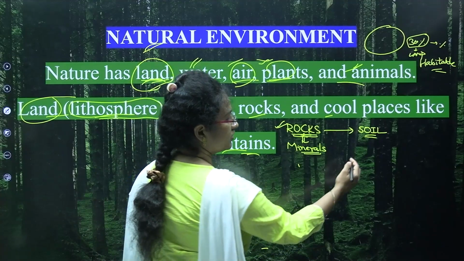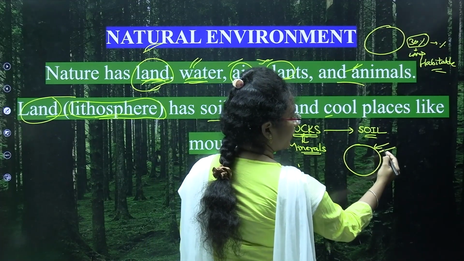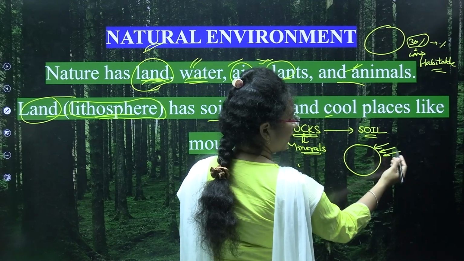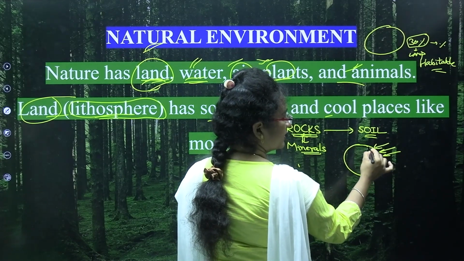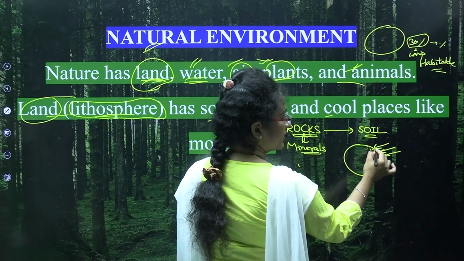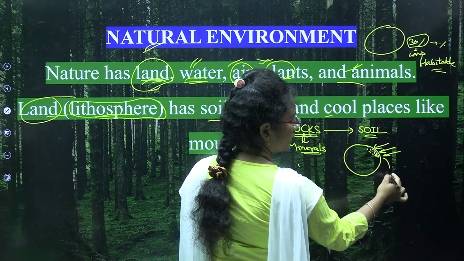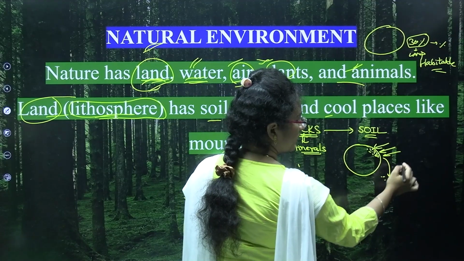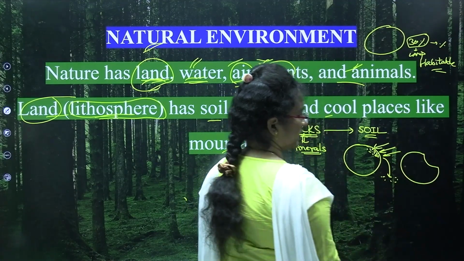So for example, there is a huge rock boulder, and there is a heavy wind which is blowing every day, and it hits this place every day. So what happens to this place? These particles in this place, whatever particles are present, they get eroded and they fall down over here. Then the shape of the rock becomes this way.